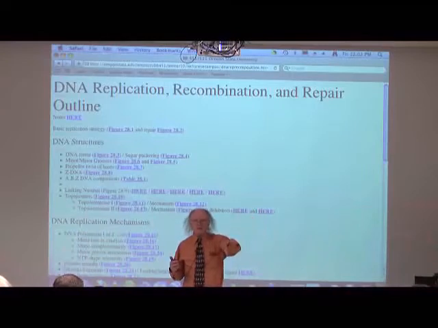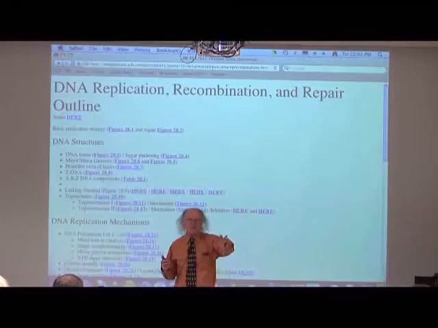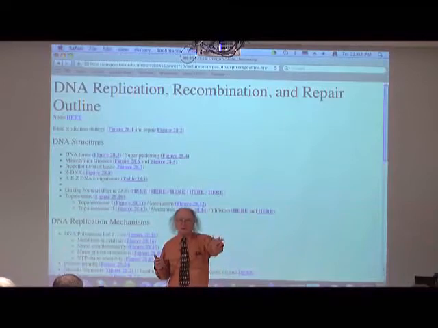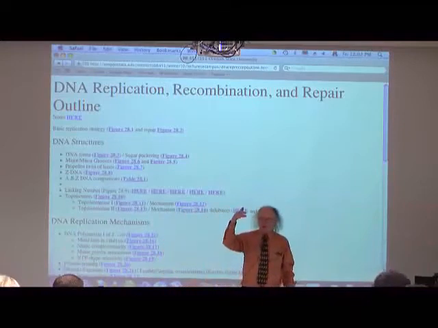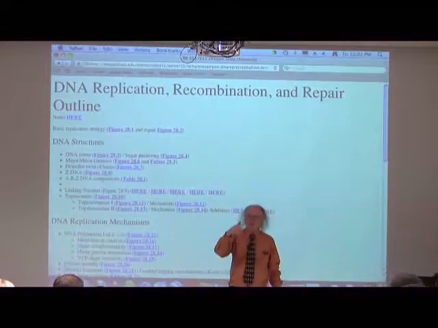But the carbon number 3 that was previously a free hydroxyl is no longer a free hydroxyl. It's joined to a phosphate, which is joined to the next nucleotide. So the hydroxyl on the original carbon number 3 is gone, and now there's a new carbon number 3 on a new nucleotide that has a free hydroxyl.